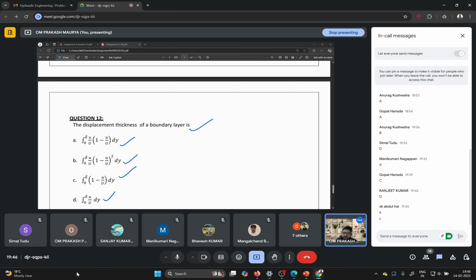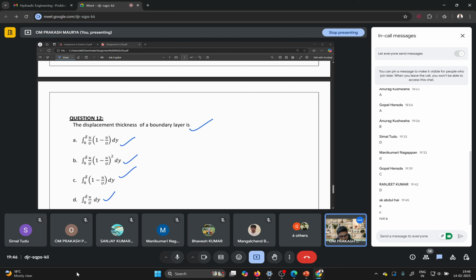Okay. A and C. Why are you telling C? Okay, so the first choice was okay. The other students, please also try to write. We are talking here about the displacement thickness.